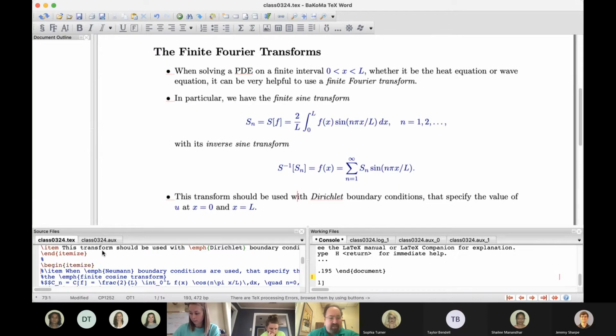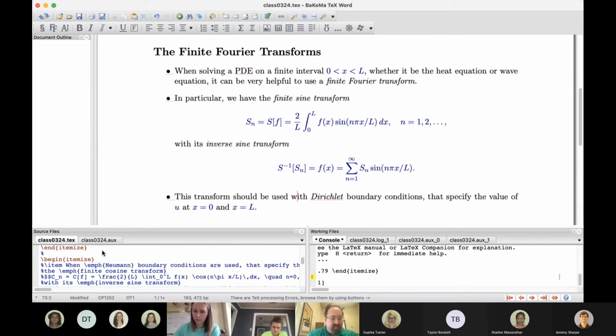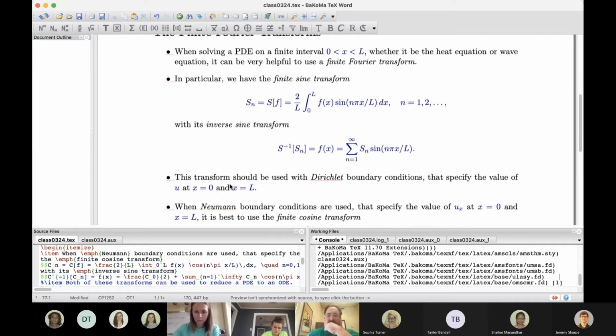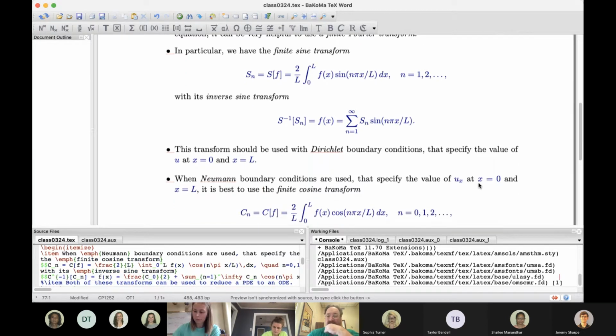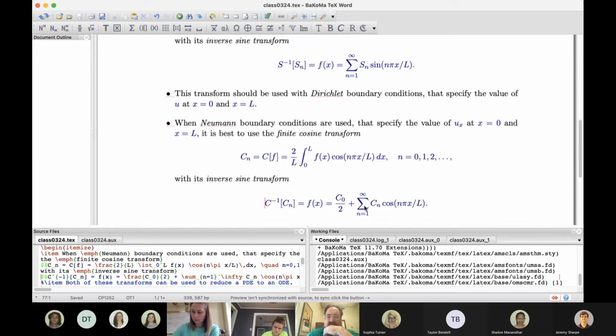By contrast, if you have Neumann boundary conditions that specify du/dx at x equals 0 or x equals L at the endpoints, use a cosine transform. Very similar, just swapping sine for cosine to get the coefficients of a function f in this Fourier cosine series representation.